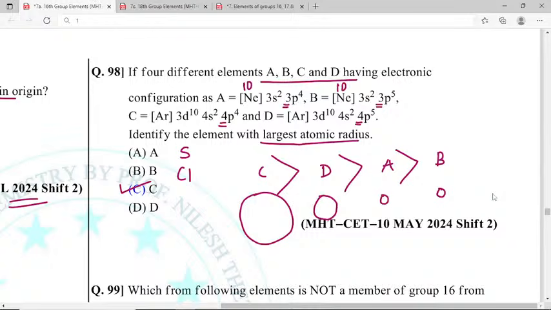Okay, 18 is argon. 18 plus 10 plus 2, how much? 20, calcium, so C is calcium. And again 18 plus 10 plus 2 plus 5, so 18 plus 2 is 20, 25. What is 25? Manganese.